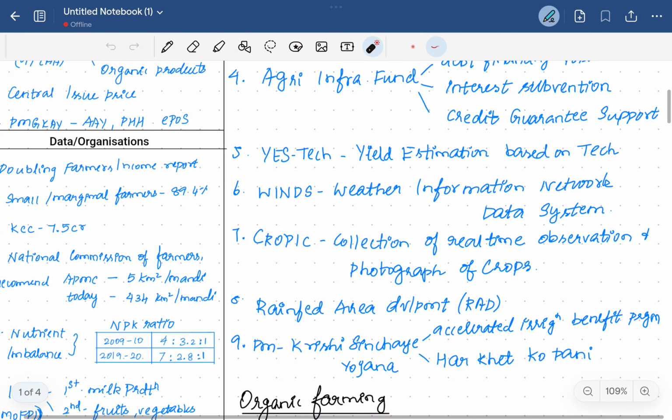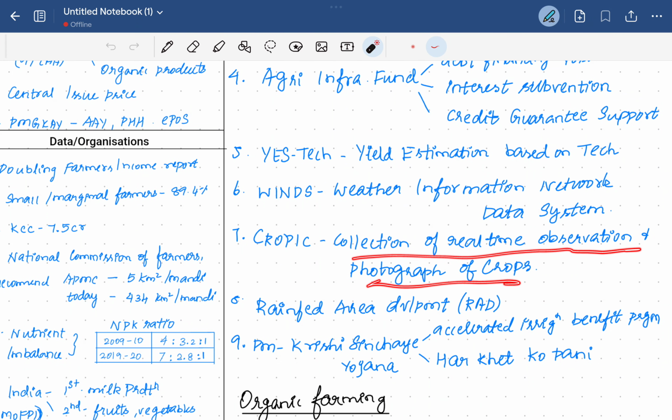Then the CROPIC platform is the collection of real-time observation and photographs of crops. Through the photograph of crops, you can really assess the crops. For example, there is an app in the app store where you can take a photo of an infected leaf. Consider that in a plant there is an infected leaf.